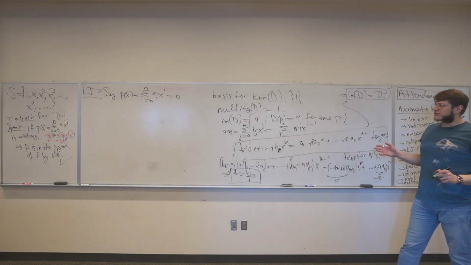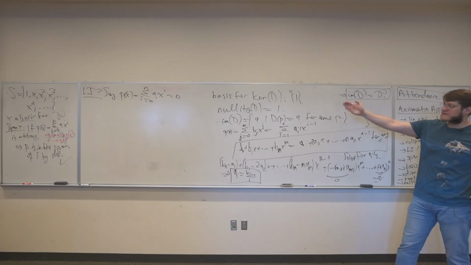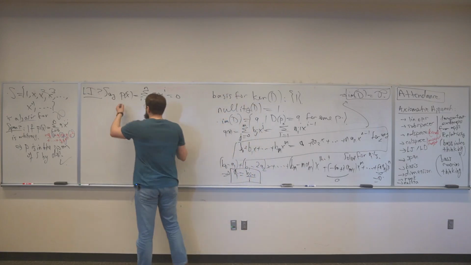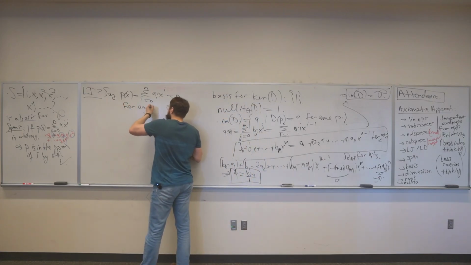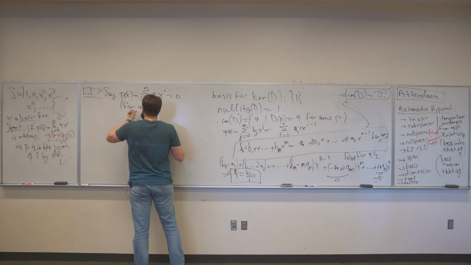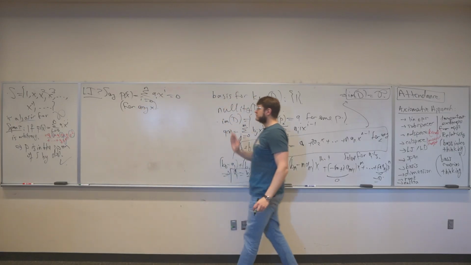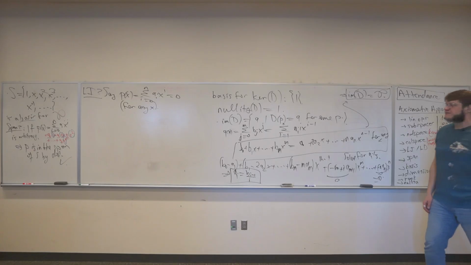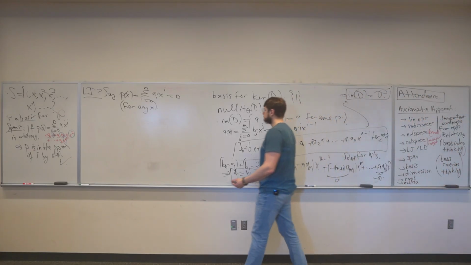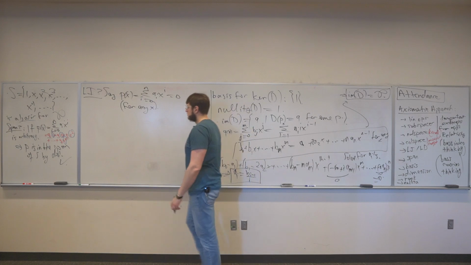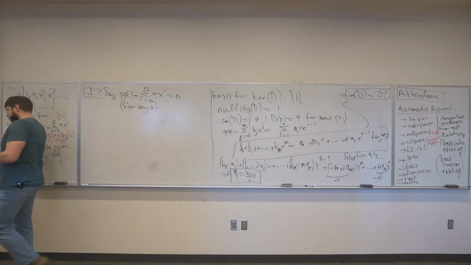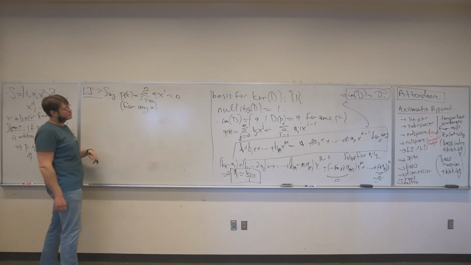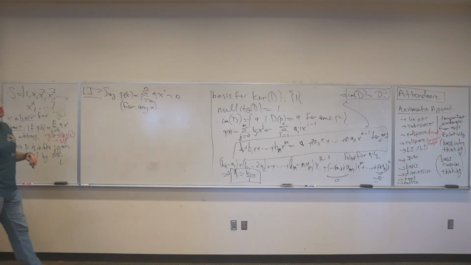This is where things get confusing. When I write this, you have to think of it as for any x. I'm not looking at the zero set of this. From this, I need to deduce that each of these coefficients is 0. Well, if you're like me, you would do the calculus method, or you would just plug in certain values, or you can use some algebra.